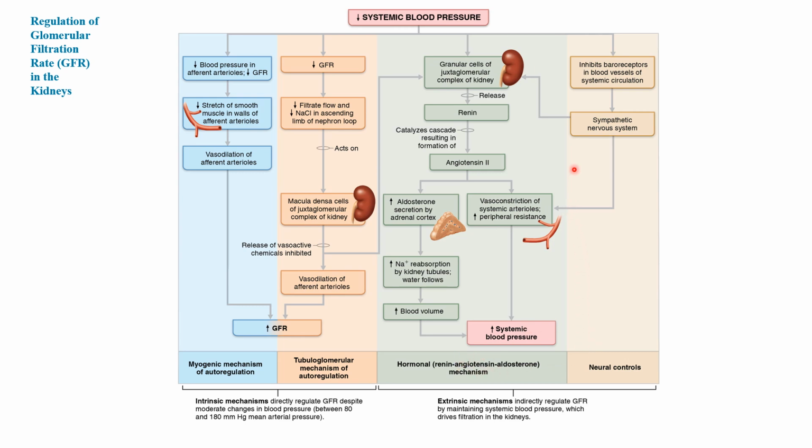And then let's see how the neural control is happening. There is low blood pressure, so the baroreceptors are inhibited in the blood vessels of the systemic circulation. This leads to sympathetic nervous system stimulation. We know that the parasympathetic and the sympathetic balance each other. So there is sympathetic nervous system stimulation, which leads to vasoconstriction, and this way systemic blood pressure is restored.